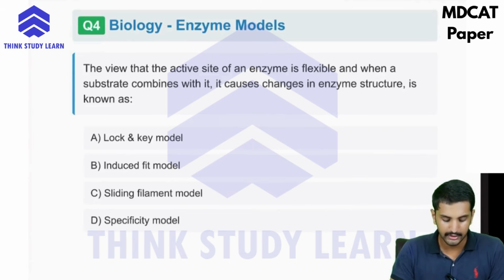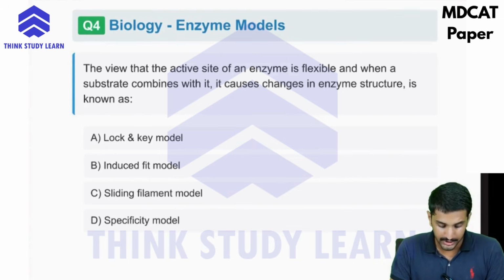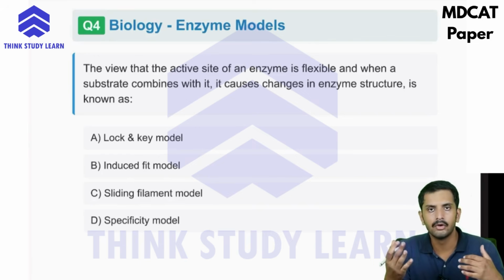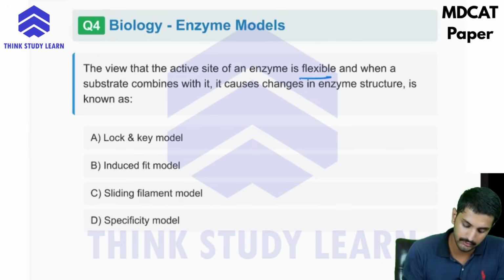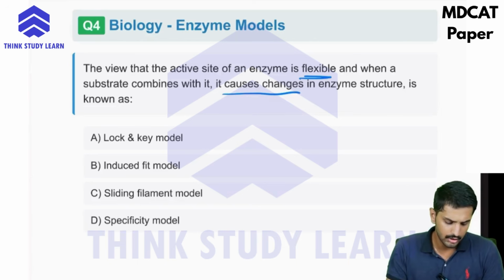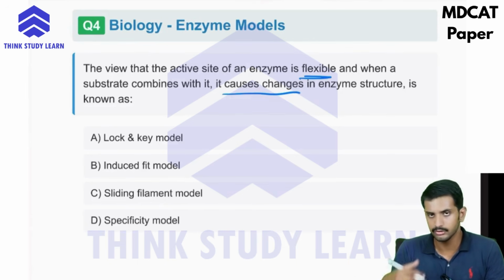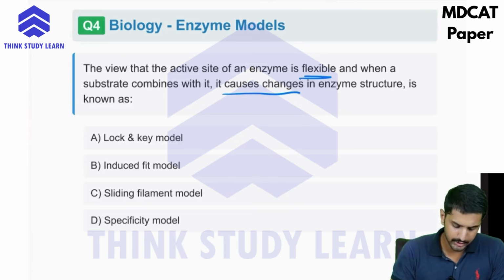The view that the active site of an enzyme is flexible and when a substrate combines with it, it causes changes in enzyme structure is known as. So basically, as you can see, the statement somehow explains it as well. The words flexible and when a substrate combines with it, it causes changes. If you look at the options, lock and key model, which is what you have studied since your 6th, 7th grade, we know it.